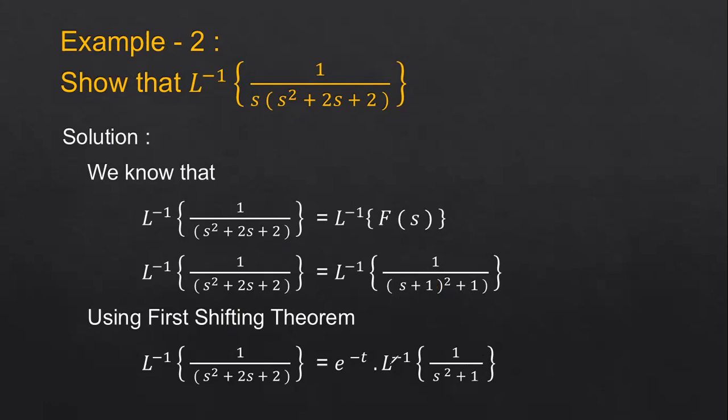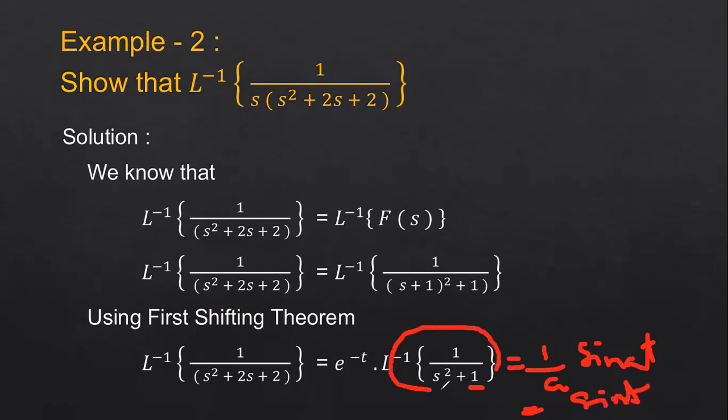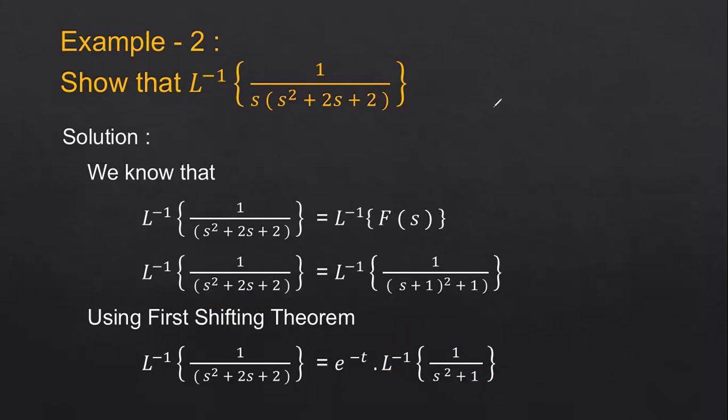Now, Laplace inverse of 1 by s square plus a square is 1 by a sine at. What is the a value here? a is 1. So 1 by 1 is 1, and you get sine t. So finally you get f of t is e power minus t into sine t.